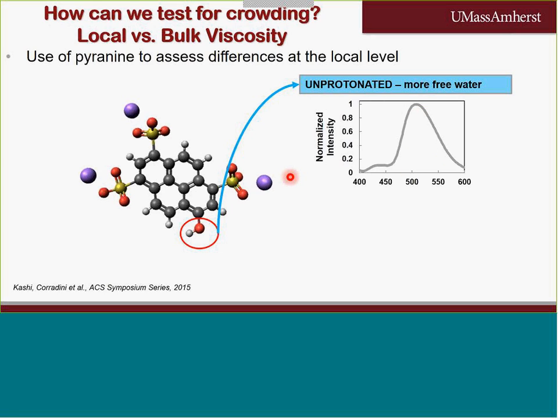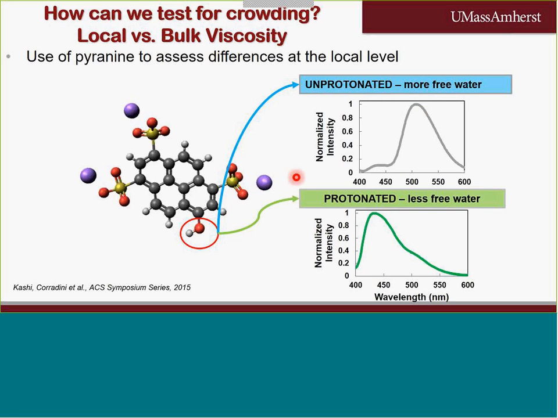Unprotonated, there is less water around the probe and the peak shifts to 135. Typically, by calculating the ratio between those two peaks, we can figure out the crowding, in terms of free water that the molecule exhibits.